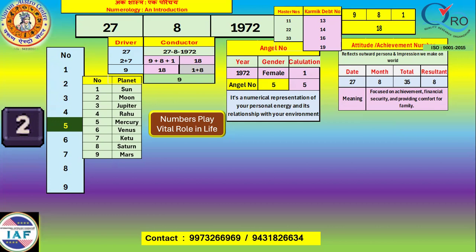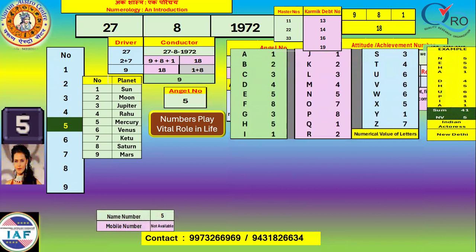So these all are static numbers because they are derived from the God-gifted number, that is the birth date. The angel number also appears here. Now the name number. This is a dynamic number. Static numbers are those which are created by God. Dynamic numbers are those which are created by us.